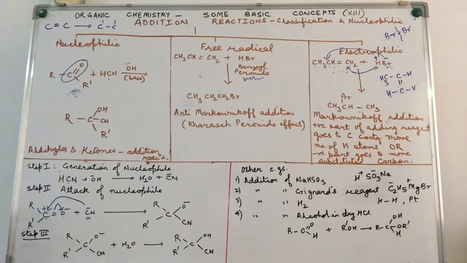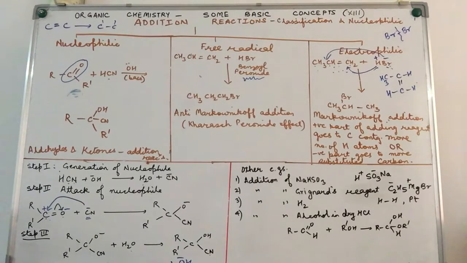Obviously, this type of a species cannot survive. It needs a proton in order to satisfy the electrons that it has. So here comes the water, and we have R dash COH, that is a cyanohydrin is our final product. Whereas an OH negative is released again at the end of the reaction.